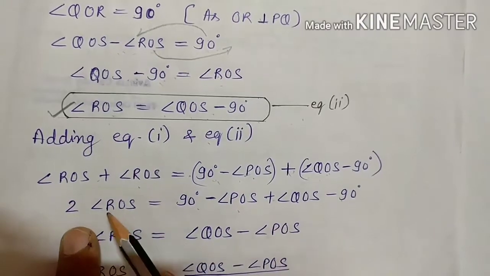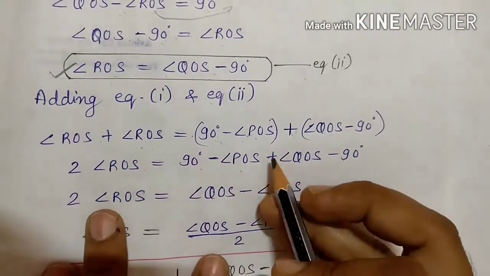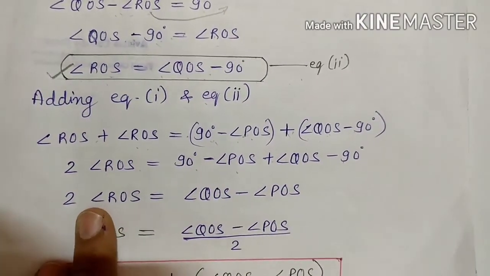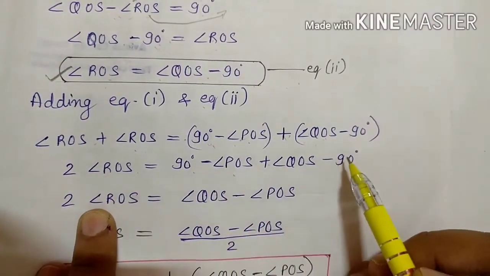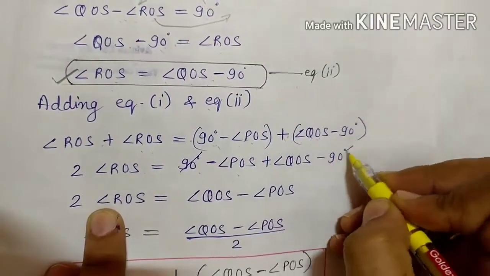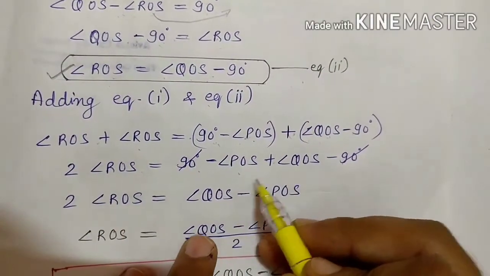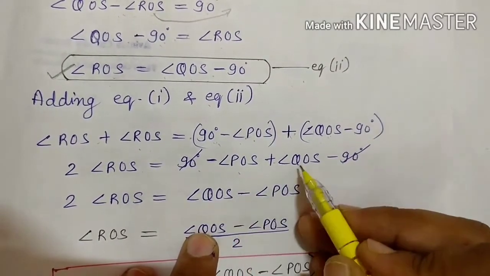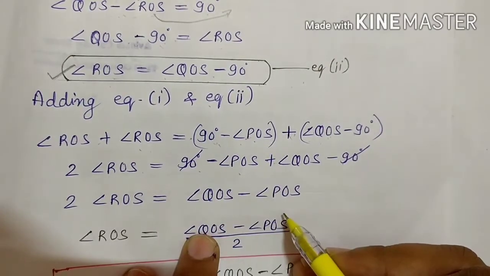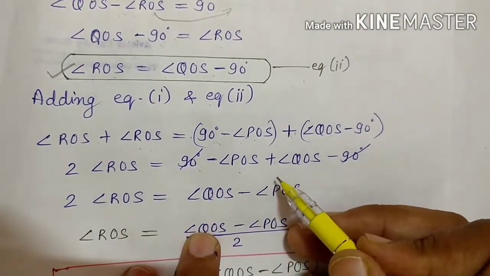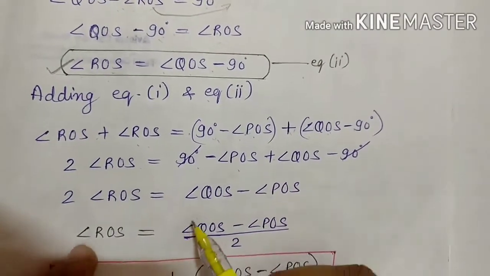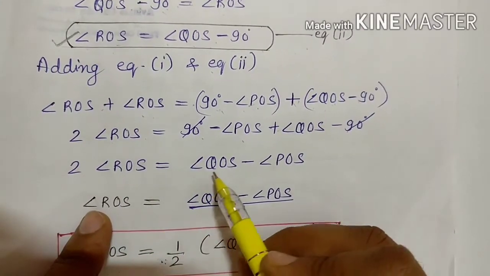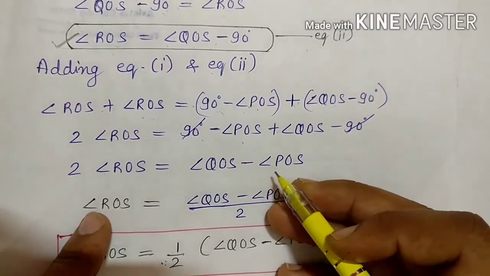ROS plus ROS becomes 2 angle ROS. Now 90 is plus and 90 is minus, so we cut 90 minus 90. What is left? Plus angle QOS minus angle POS. The sign will remain the same as it was earlier. So it becomes 2 times angle ROS equals angle QOS minus angle POS.